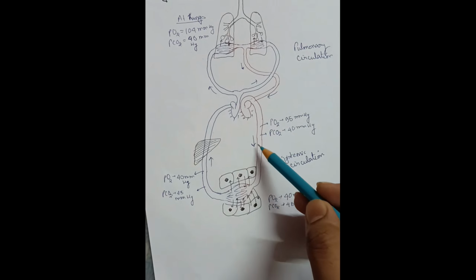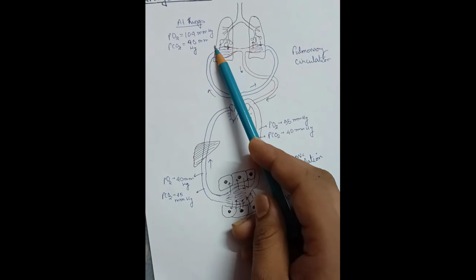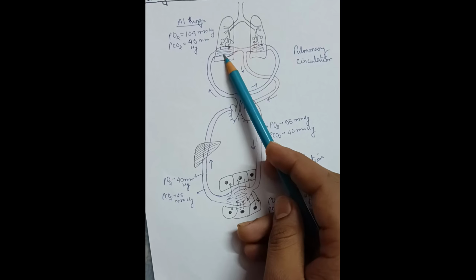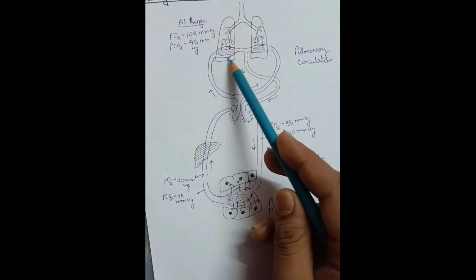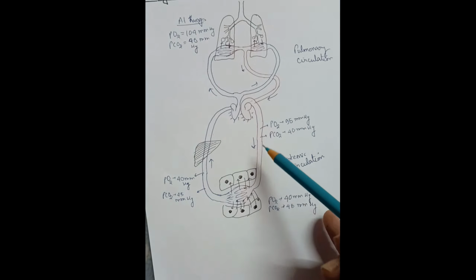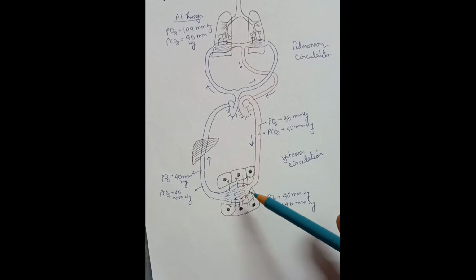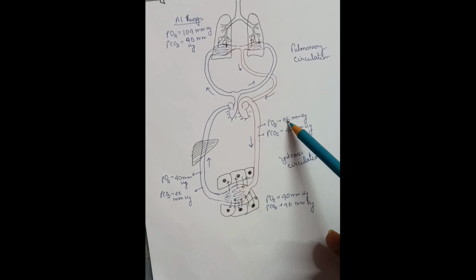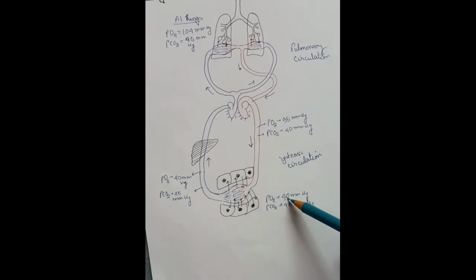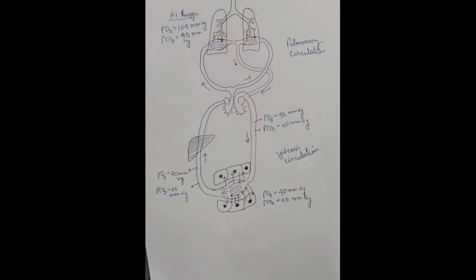So the oxygen which was delivered into the circulation in the alveoli will travel through the systemic circulation and will diffuse out into the tissues due to this partial pressure difference: 95 millimeter of Hg in the arterial blood and 40 millimeter of Hg in the tissue.